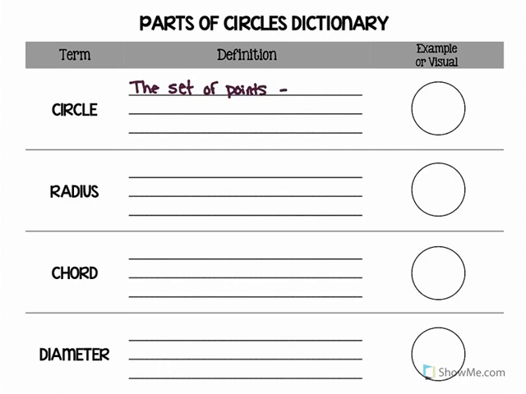So first of all, a circle is the set of points equidistant from a given point, which is the center.